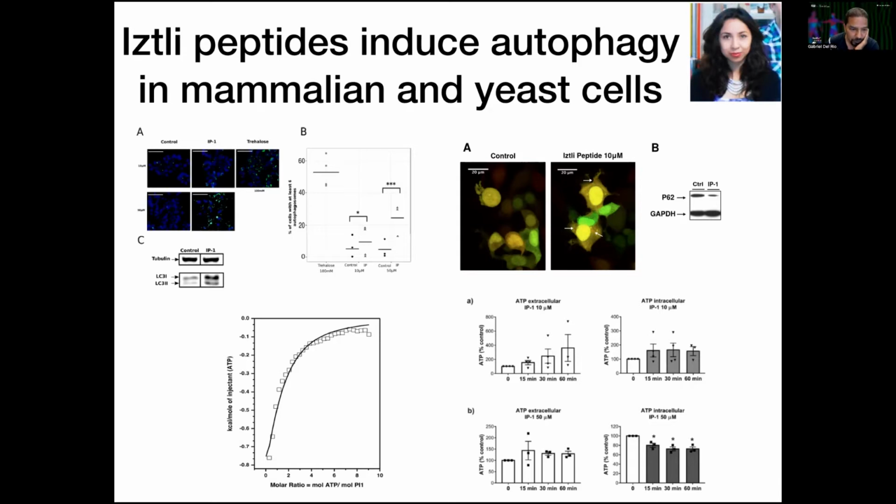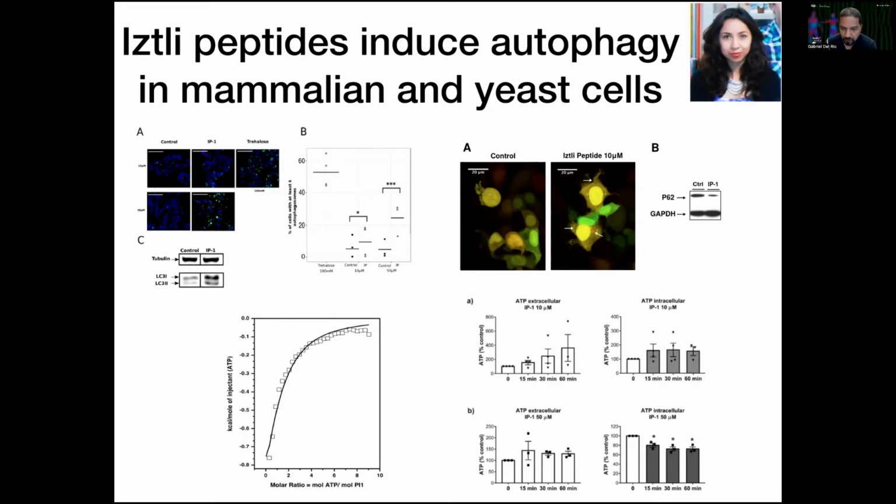What I'm showing you on the bottom part of this slide, on the left side, is the in vitro quantification for the affinity of the peptide for ATP. The affinity is in the order of 400 micromolar, a concentration that is not reached outside of the mammalian cell.